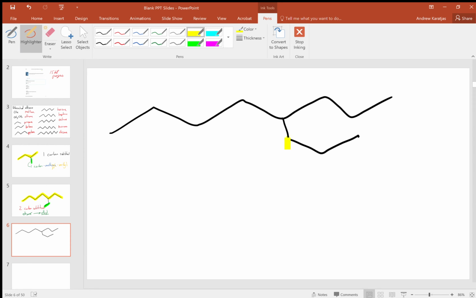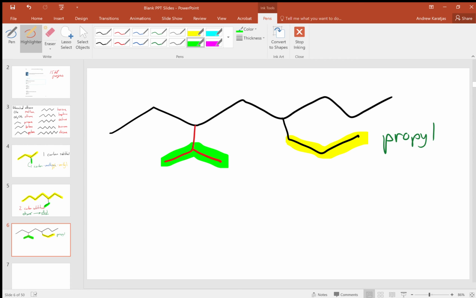So here we have a 3-carbon substituent, which we said we called propyl. But what if instead that 3-carbon substituent was connected at the middle carbon as opposed to the end carbon? Does that change the substituent? The answer is yes.